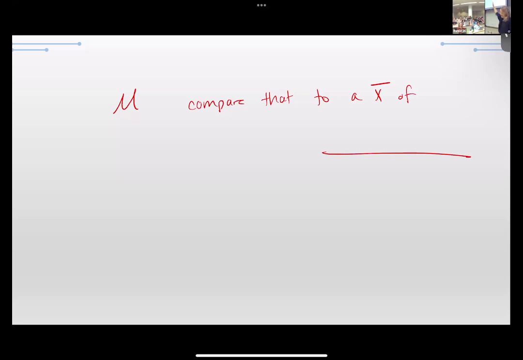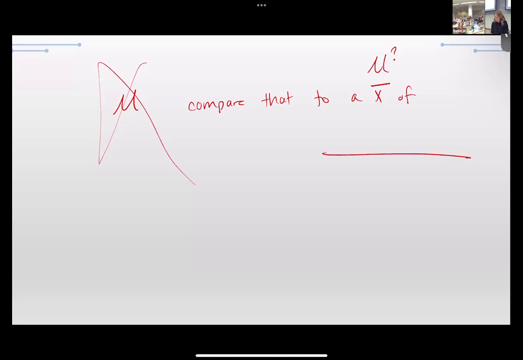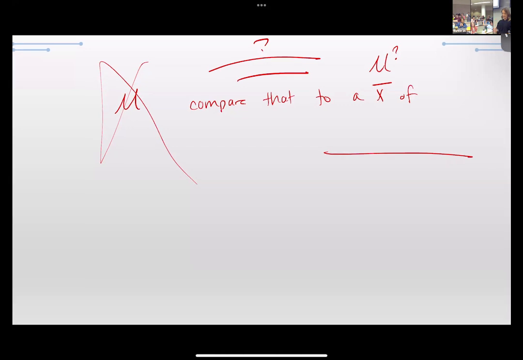You don't care about this. That is fixed. You are given that. You want to know whether the population from which this sample came is different or the same from the thing we know. So clarifying, it can get confusing because we're working with the population. I'm going to leave that artwork right there.